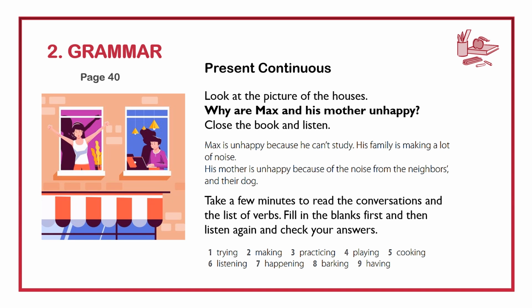For number 1, I'm trying to study. 2, you're making too much noise. 3, I'm practicing. 4, Jake's playing a video game. 5, Mom's cooking dinner. 6, she's listening to the radio. 7, what's happening next door? 8, why is their dog barking? And 9, they're having a party in the yard.